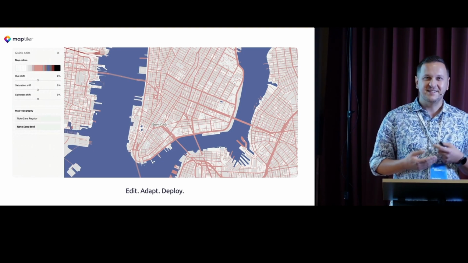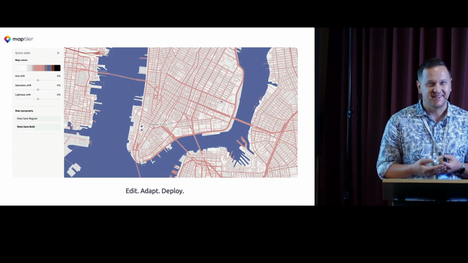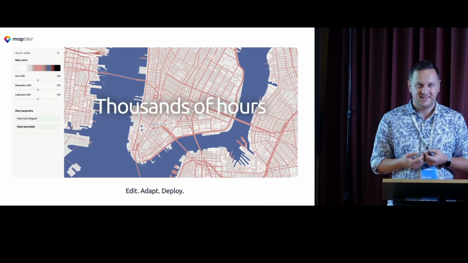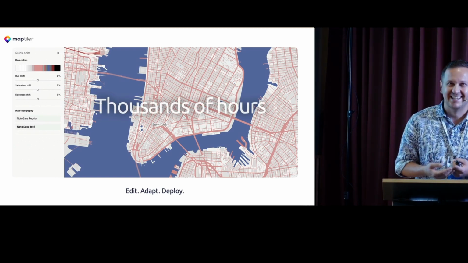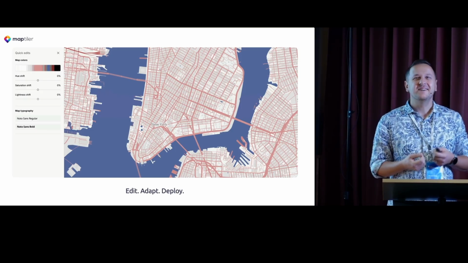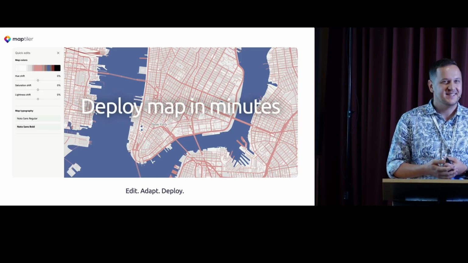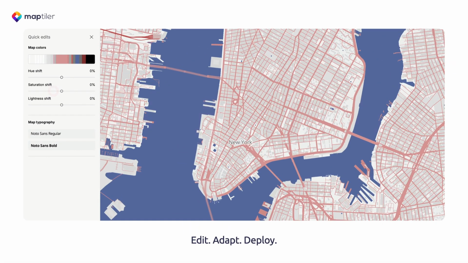And for that, there is the Map Designer, a tool that's as intuitive as it is powerful. Our product team spent thousands of hours to save you both time and money. With the Map Designer, you can literally edit, adapt, and deploy a map in minutes. It gives you a powerful code-free control, so you can make professional changes with just a few clicks.